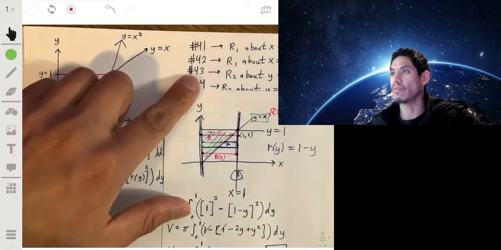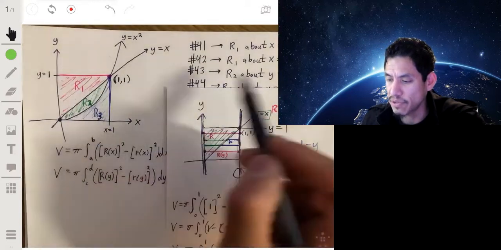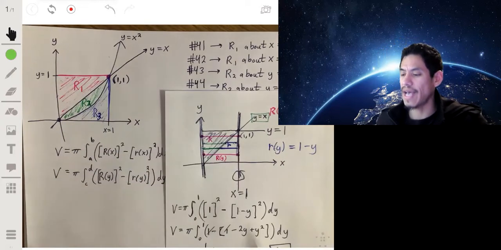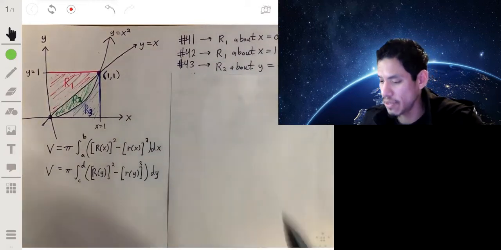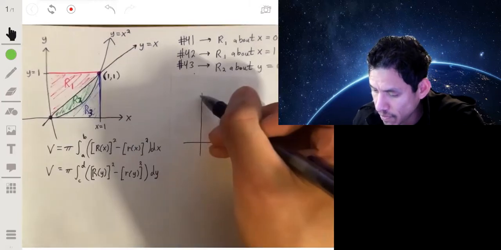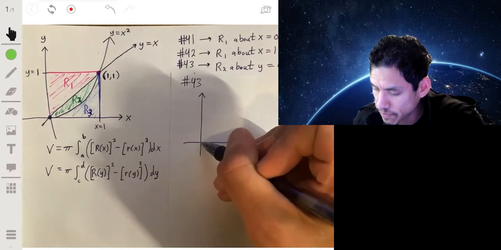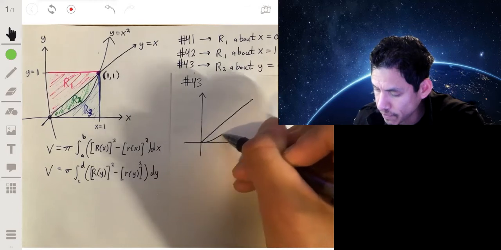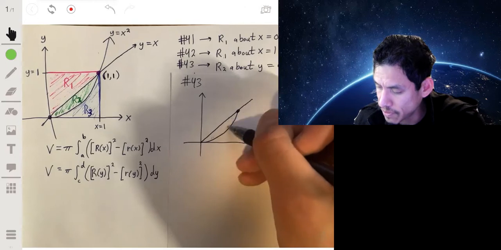Okay, now let's look at the third one. We're going to have R2, the region rotated about the line y equals 0, so about the x-axis essentially. Let's draw a little sketch of what that would look like. We have this here.